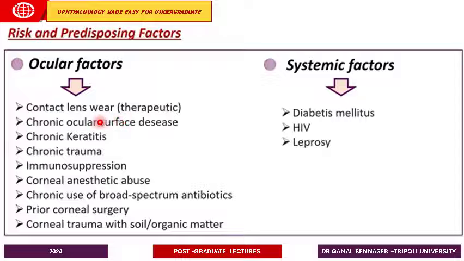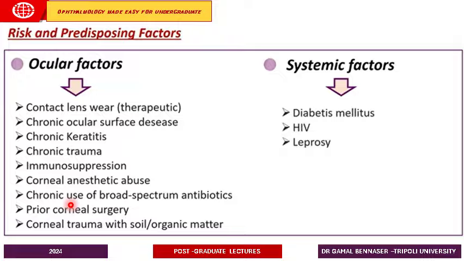Other risk factors are chronic keratitis, immune suppression, corneal anesthesia or abuse of topical anesthetics. Also, chronic use of broad-spectrum antibiotics. This is very important. It is found that the commensal organisms present in the cul-de-sac and in the conjunctiva play an important role as antifungal agents.